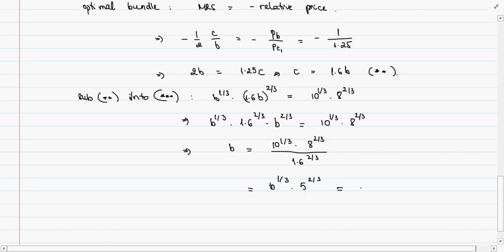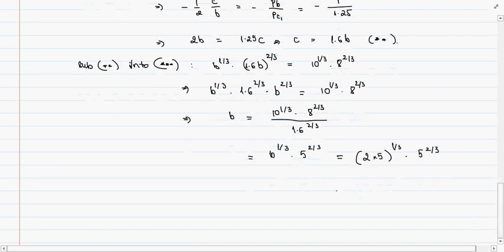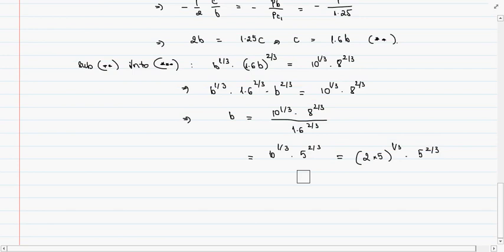Okay, and so now to simplify this, 10 is basically 2 times 5. Okay, everything to the power 1/3 multiplied by 5^(2/3). Sorry, if anyone doesn't get it here, that is just basically 8 divided by 1.6, everything to 2/3.